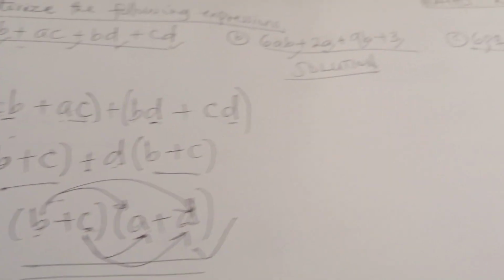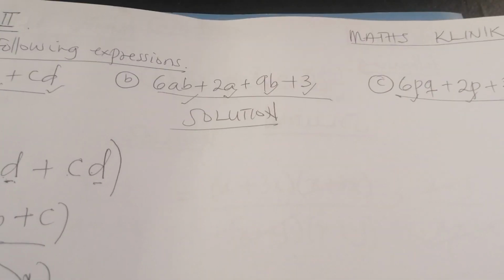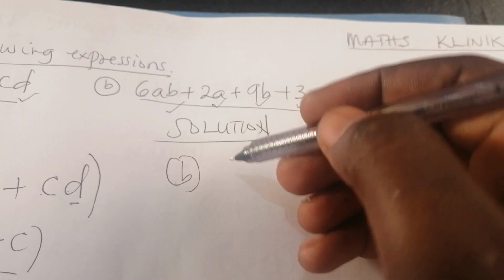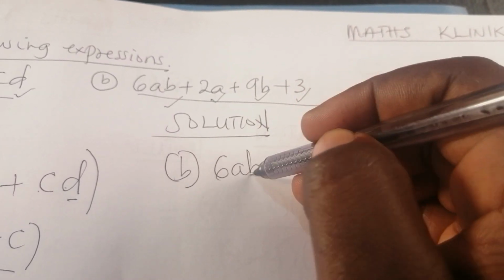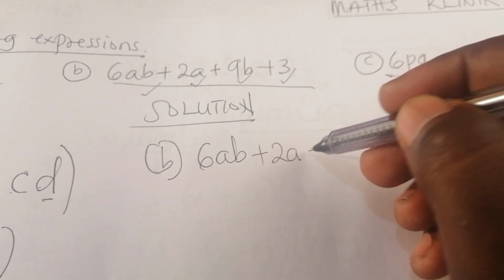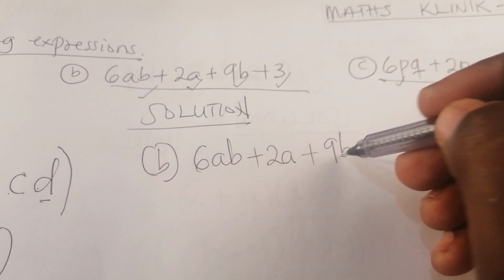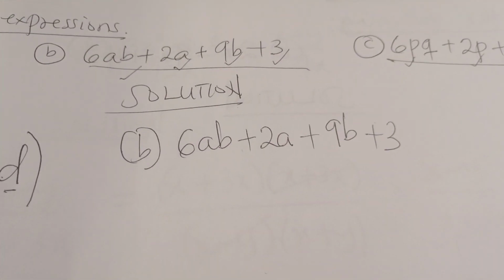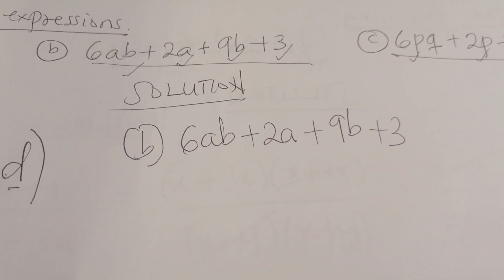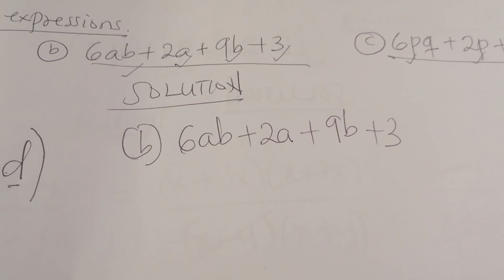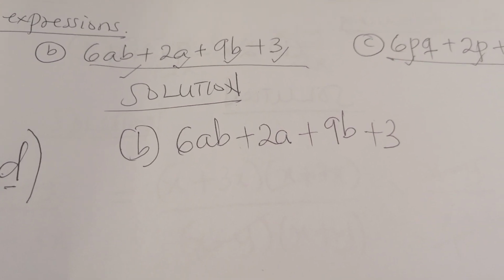Alright, let's bring the same understanding to solving our next question, where we have 6AB plus 2A plus 9B plus 3. We use the same clue.